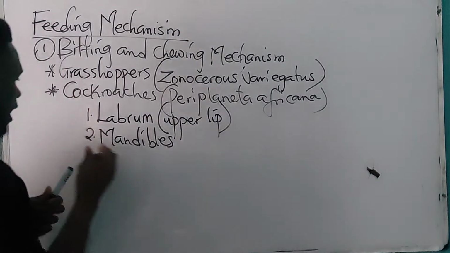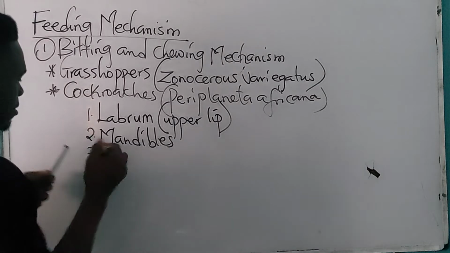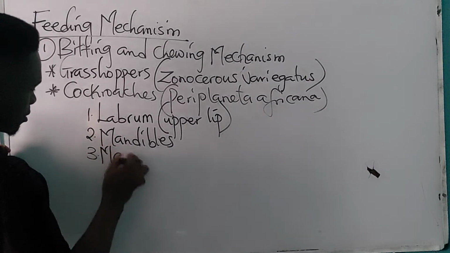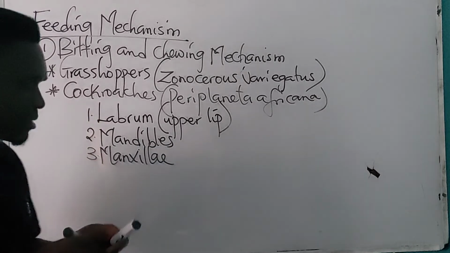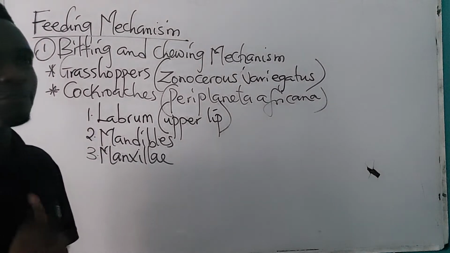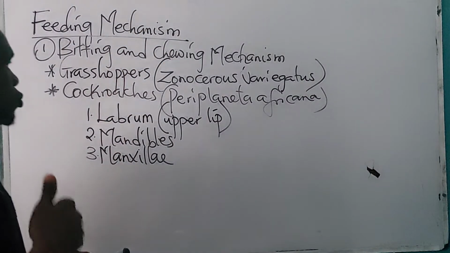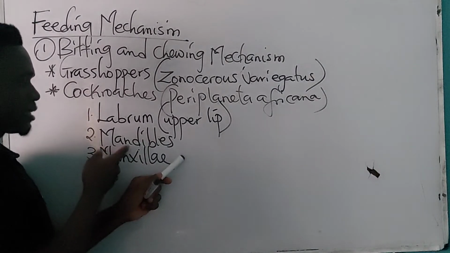Now number three, you have the maxillae. They have a pair of maxillae. This maxillae helps to further grind or chew substances that were initially masticated by the mandibles.